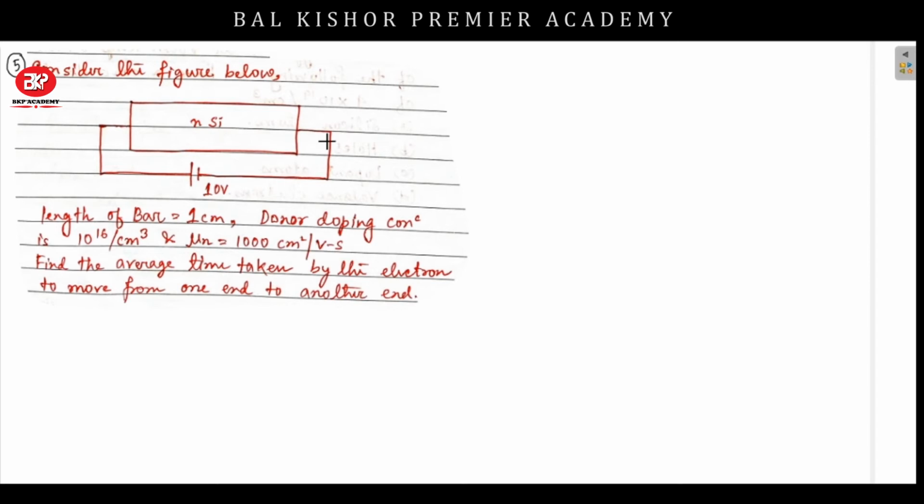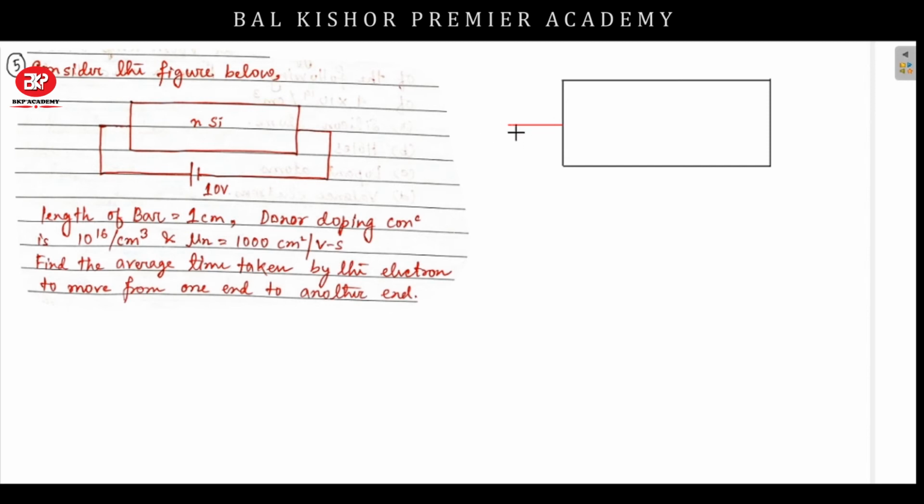Let us see. In this case, let us first draw the n type semiconductor. This is the n type semiconductor that is given in the question, and in this n type semiconductor, 10 volt is applied across it.